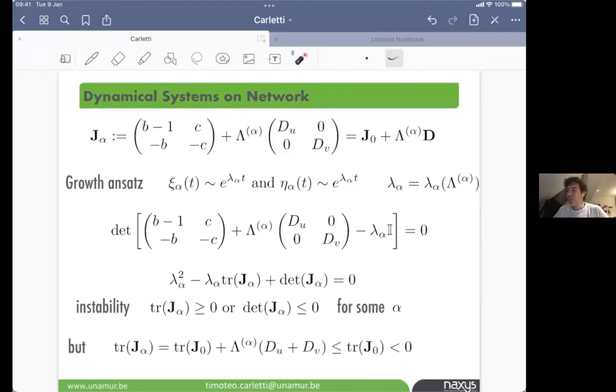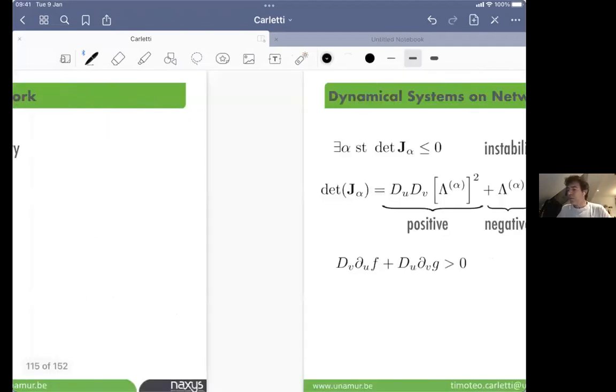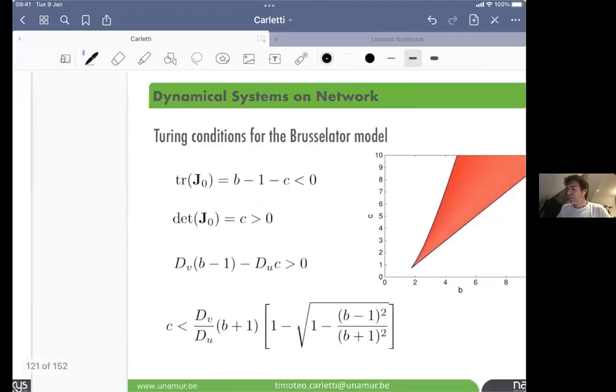Minus the Fourier modes is a continuous variable, because in the continuous case, instead of using this lambda alpha, you use minus kappa squared. Just remember this is the Fourier mode, and because kappa is a real number, I get this figure where I have a continuous line.